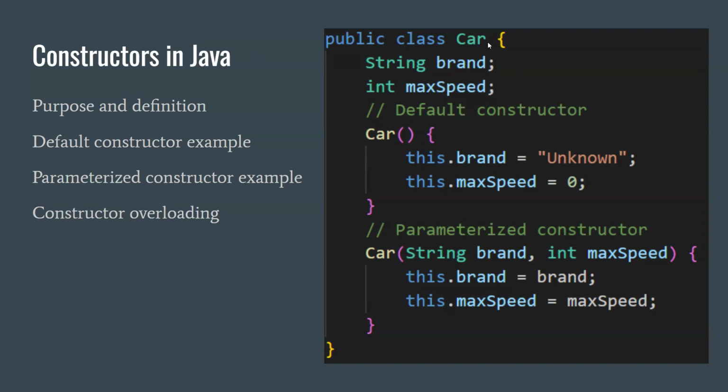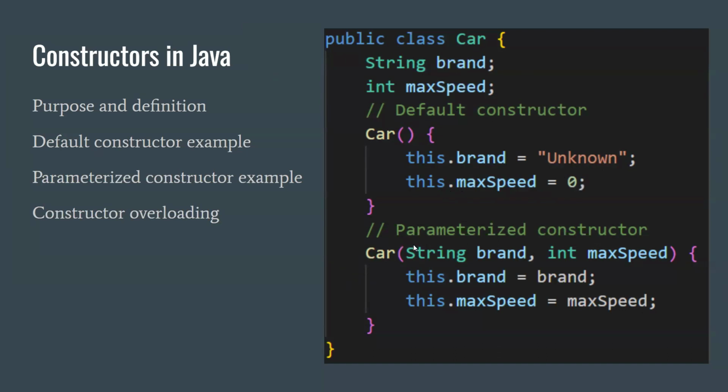So let's look at this code example. This is the same Car class. This class demonstrates two types of constructor. The first one is a default constructor, and this default constructor sets the brand to unknown and max speed to 0.